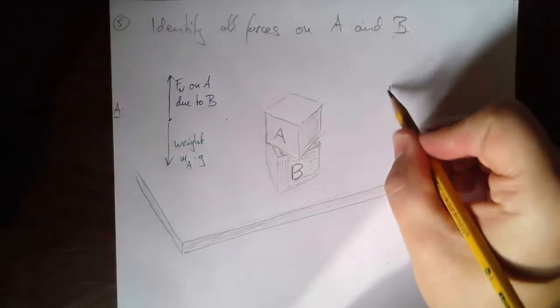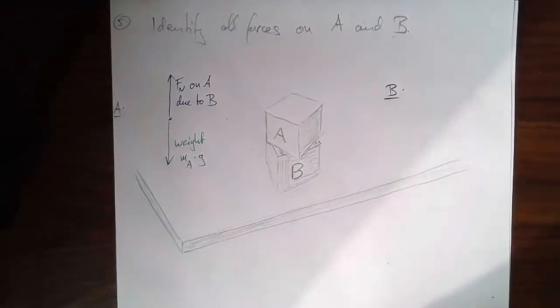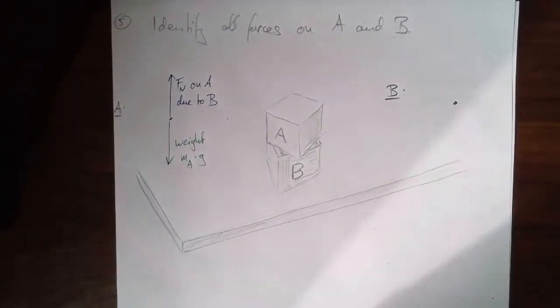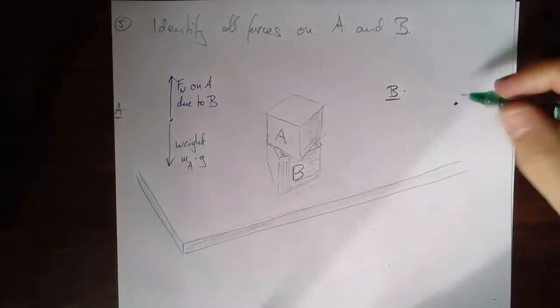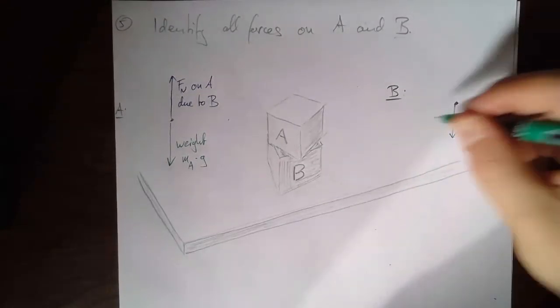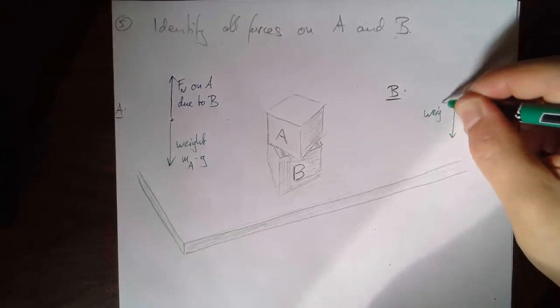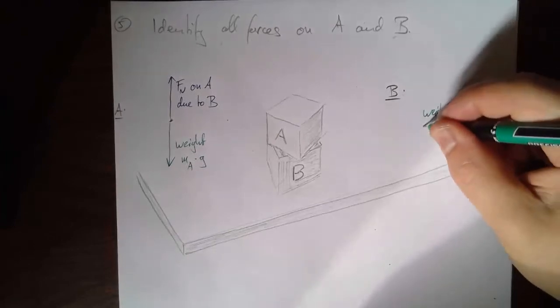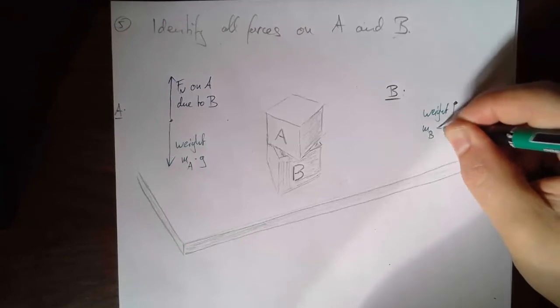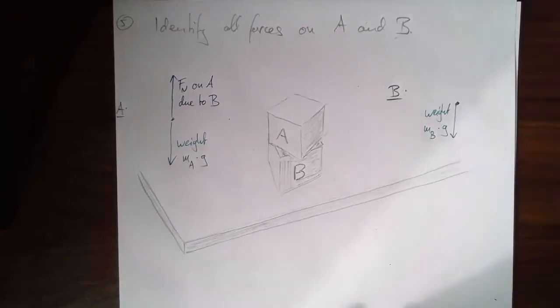So what about block B? Well, it certainly has a weight too, right? Because it's a physical object with non-zero mass. M subscript B times g. That's my weight.